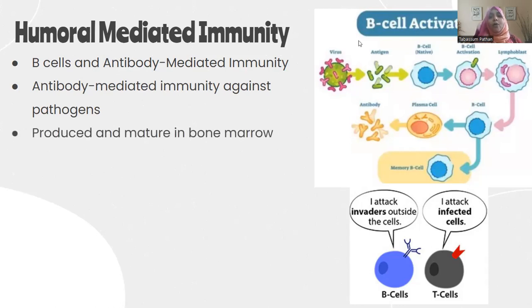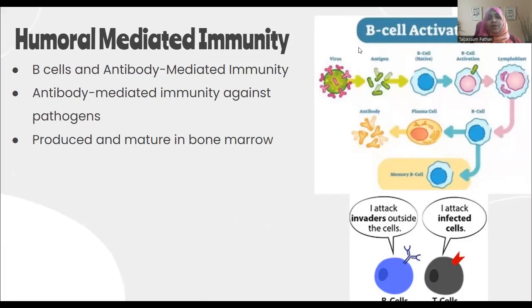Now, why the name B cell? Because these immune cells are produced and matured in the bone marrow. Very, very important. Bone marrow. Because these cells are produced and matured in the bone marrow, hence the name is B cells.